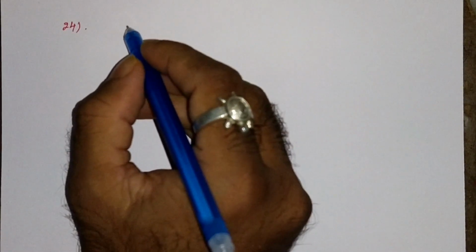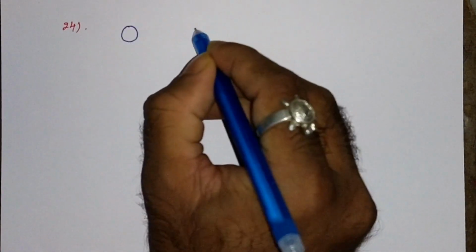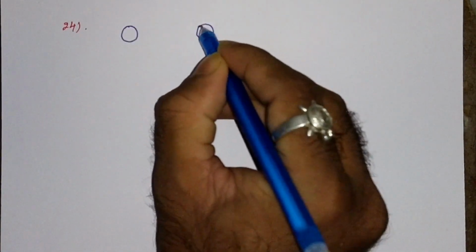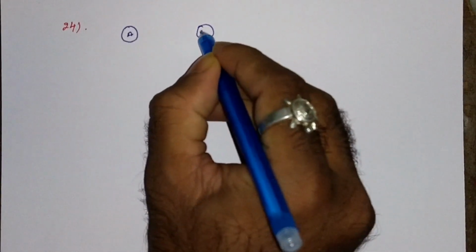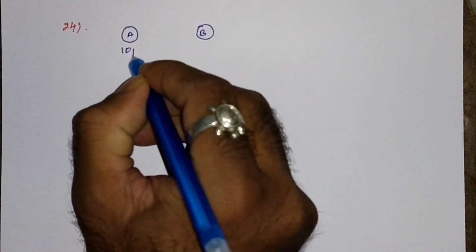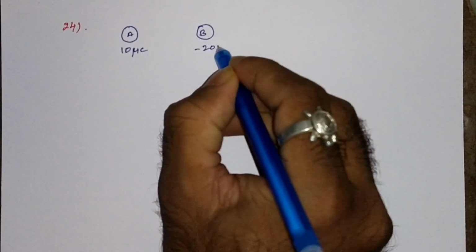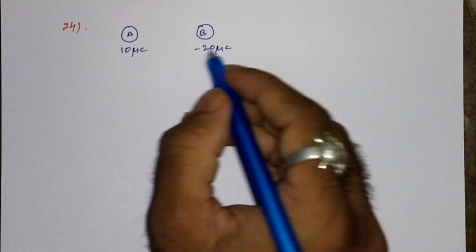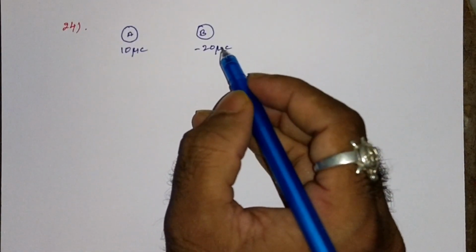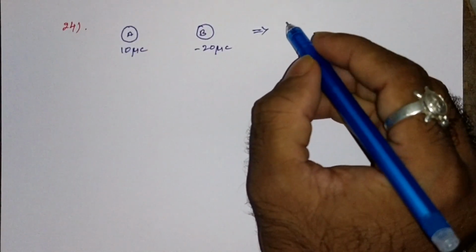Okay, so first there are two balls. Let us take this is ball A and this is ball B. On ball A the charge is 10 microcoulomb and on ball B it is given minus 20 microcoulomb. They are separated by some distance. Now what happened? They are brought in contact.